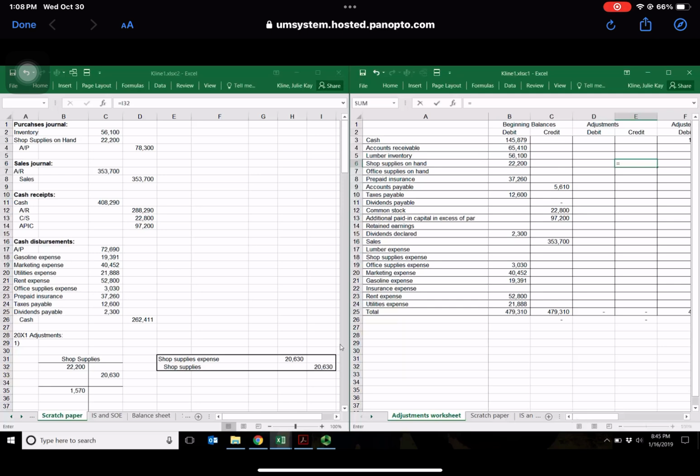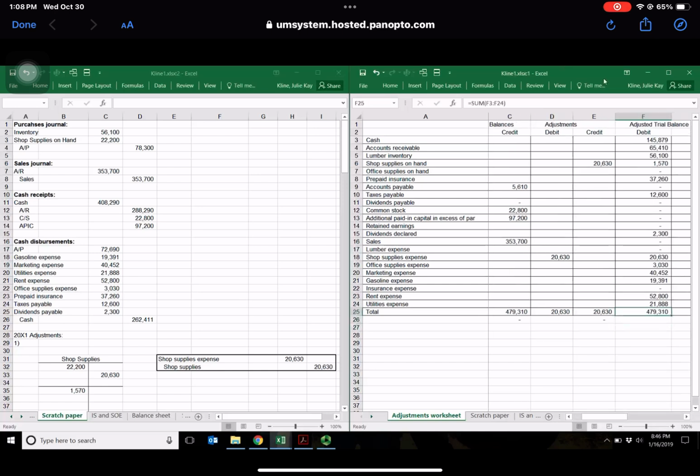So I need a credit to shop supplies on hand to reduce that. Whenever you make an entry, make sure you do the other side of the entry because these columns must balance. I put this little check down here, the difference between the two, so I can see if it ever got out of balance, and I do not want it to, because that will make my balance sheet not balance.